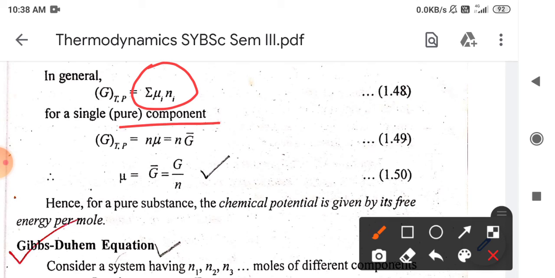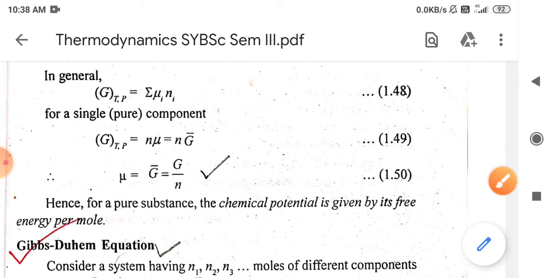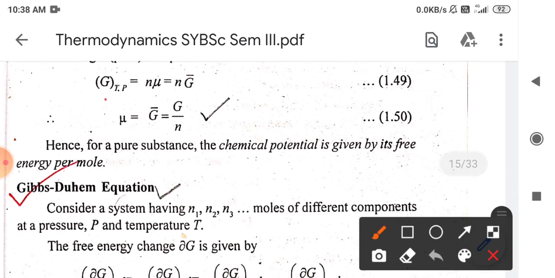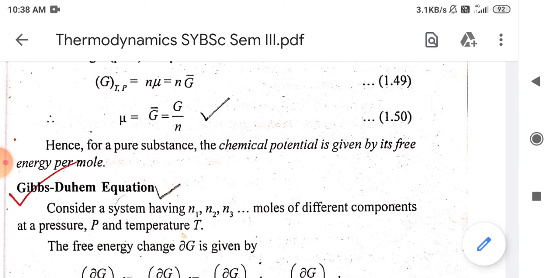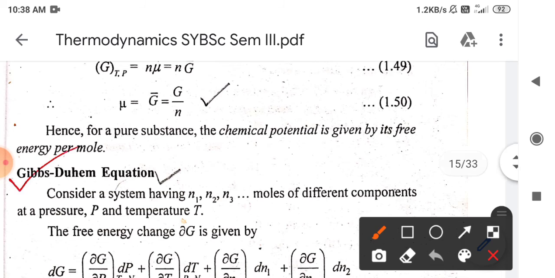So for a pure component, we can have the Gibbs free energy as n into mu or n into g bar, because mu is simply g bar. So we can say that this mu, which equals g bar, is equal to the Gibbs free energy per mole. Okay, so chemical potential can be defined as free energy per mole, and we have already defined this chemical potential as free energy per mole.